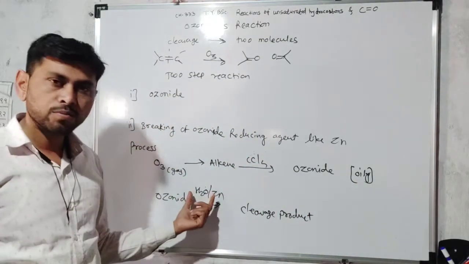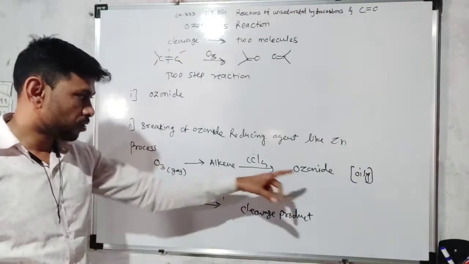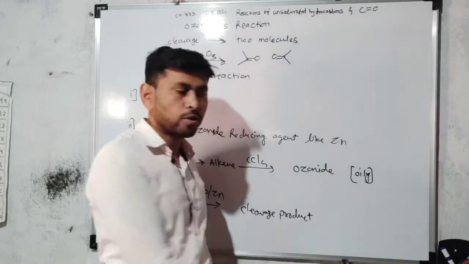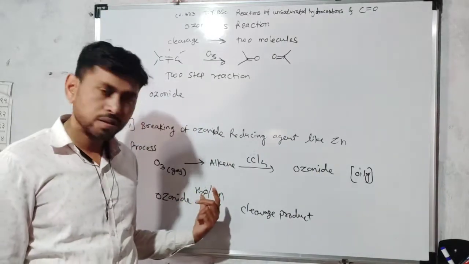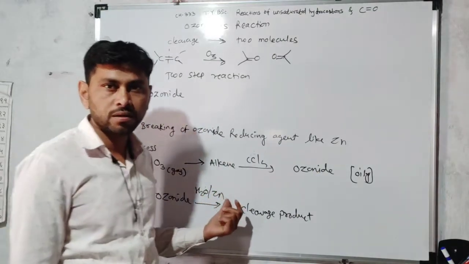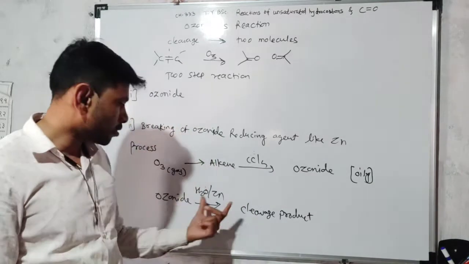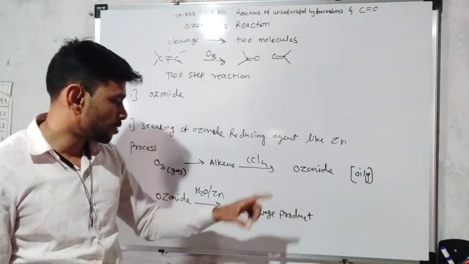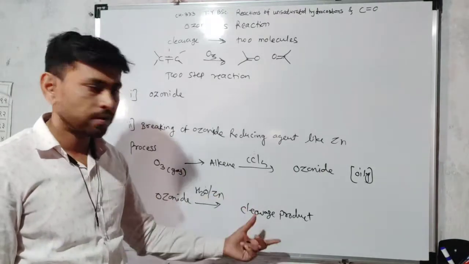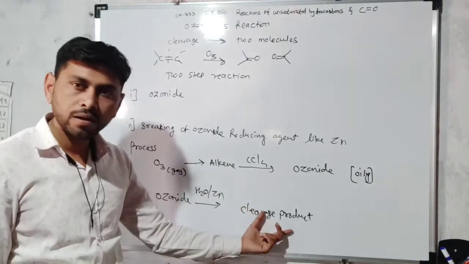That ozonide is generally an explosive product, so it is broken by hydrolysis: we add water in presence of zinc reducing agent, then the reaction stops at this stage and we get the cleavage product. Further oxidation is prevented in this reaction.